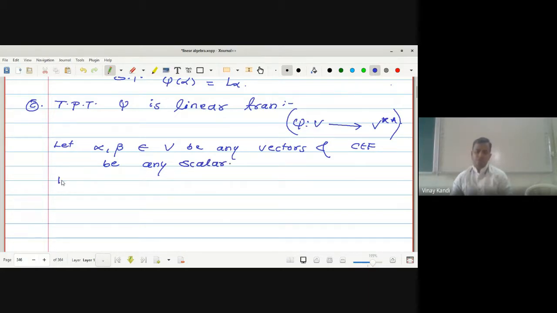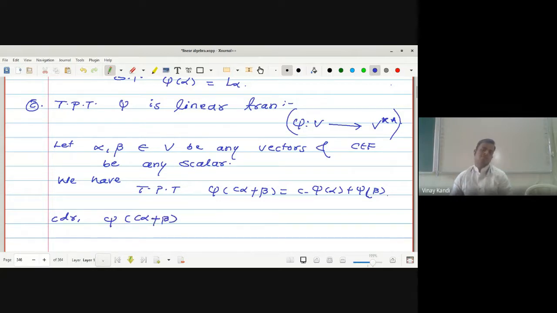So we have to prove that psi of c alpha plus beta is equal to c into psi of alpha plus psi of beta. Okay, consider again psi of c alpha plus beta. What is the definition of psi? This is L of c alpha plus beta. Okay, give it as an equation number third.